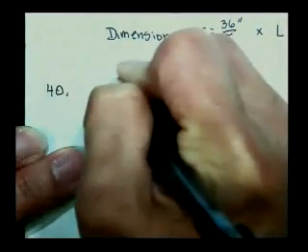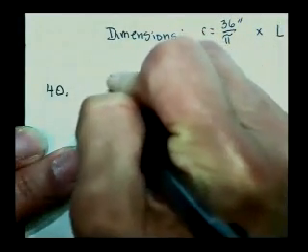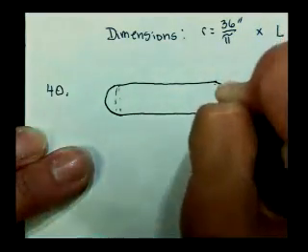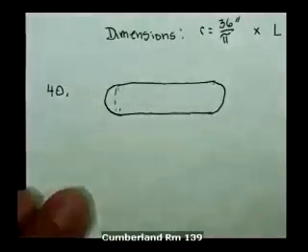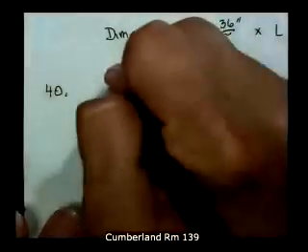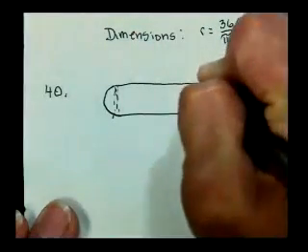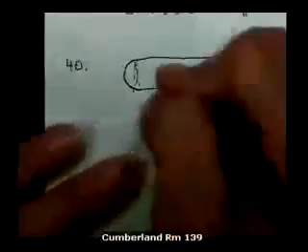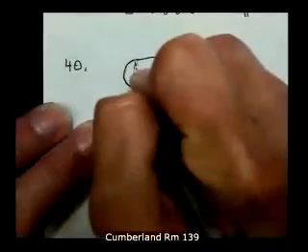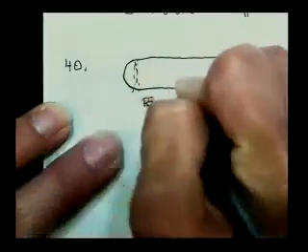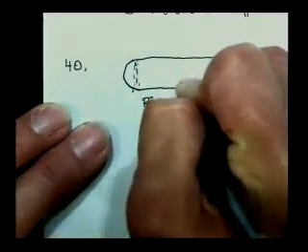This is not going to be pretty, but there's my very best tank. It's a right circular cylinder. I'm not going to write right circular. I'm just going to say it's a cylinder.